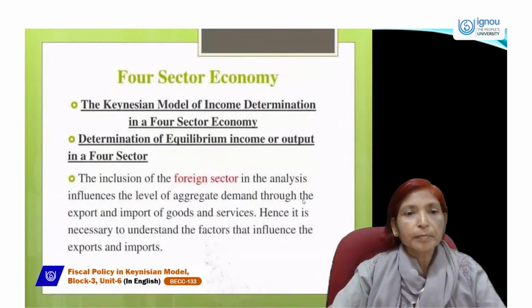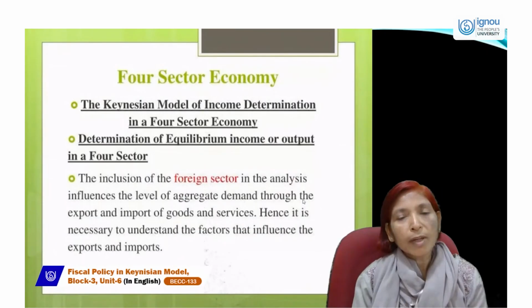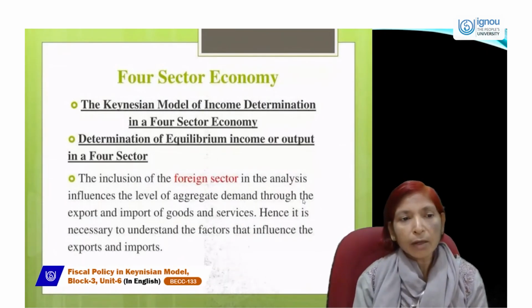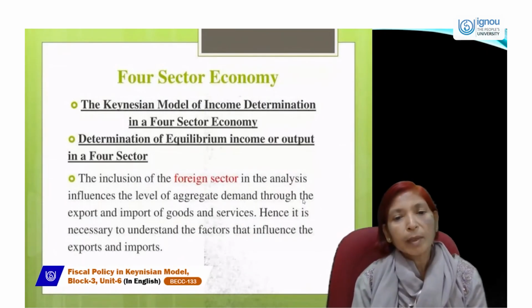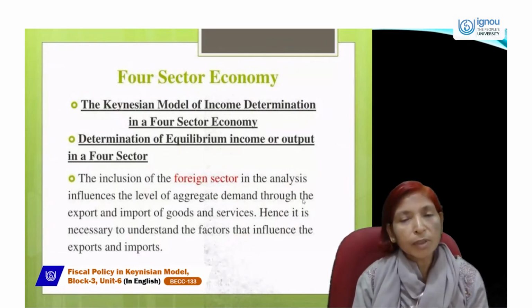Now next is the four sector economy, the Keynesian model of income determination in a four sector economy. It determines equilibrium income or output in a four sector economy in which the rest of the world, or foreign sector, or external sector is included.